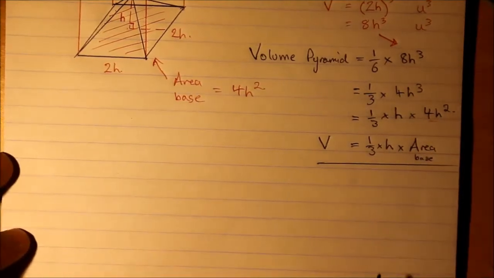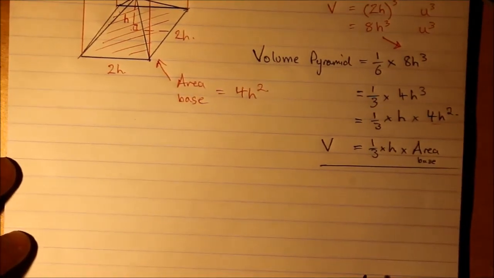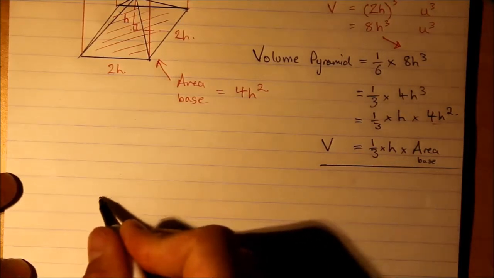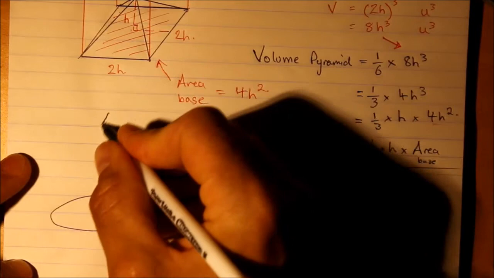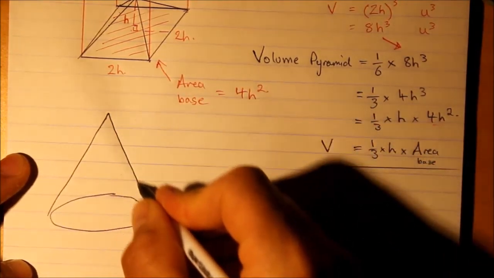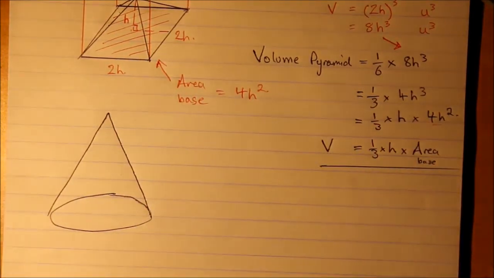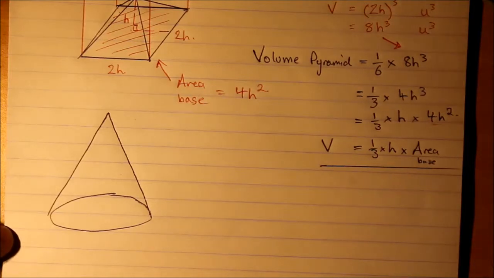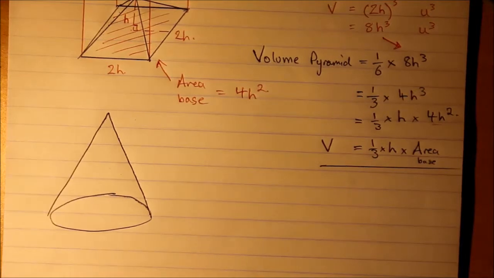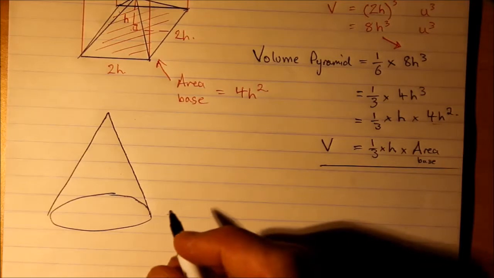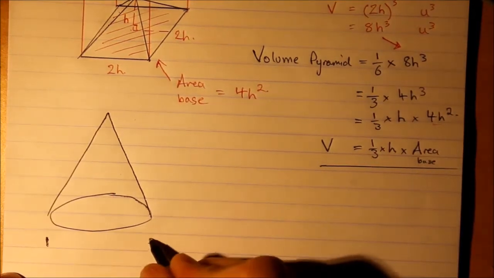So let's have a look at how we might solve a problem here. Let's say we've got a cone. Now, sometimes they'll give you the perpendicular height, and sometimes they won't. So let's just put in some dimensions here.